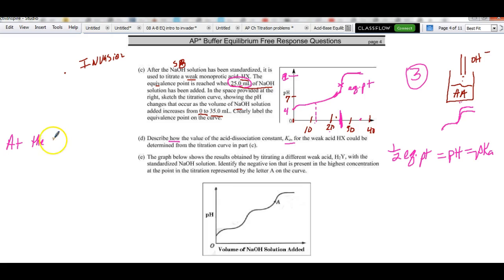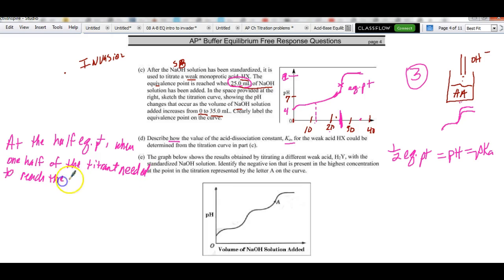At the half equivalence point, when 1/2 of the titrant needed to reach the equivalence point has been added, the HA, that's your weak acid, the concentration of weak acid is equal to the concentration of its anion.